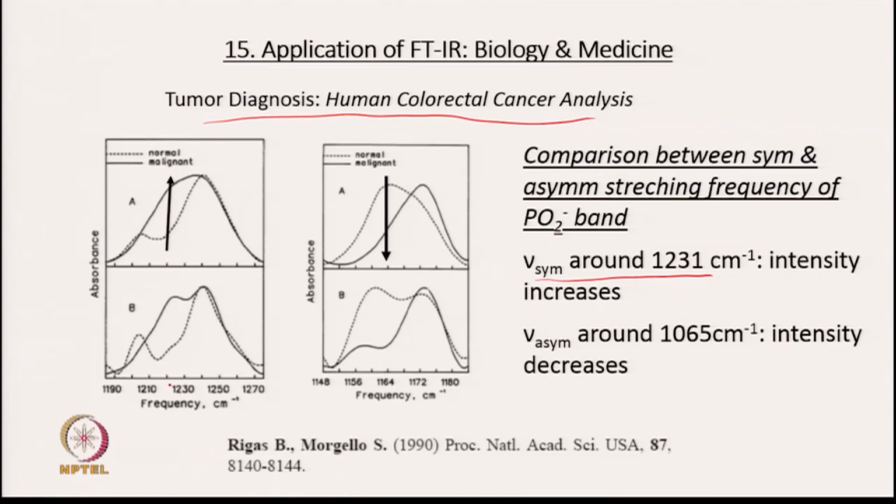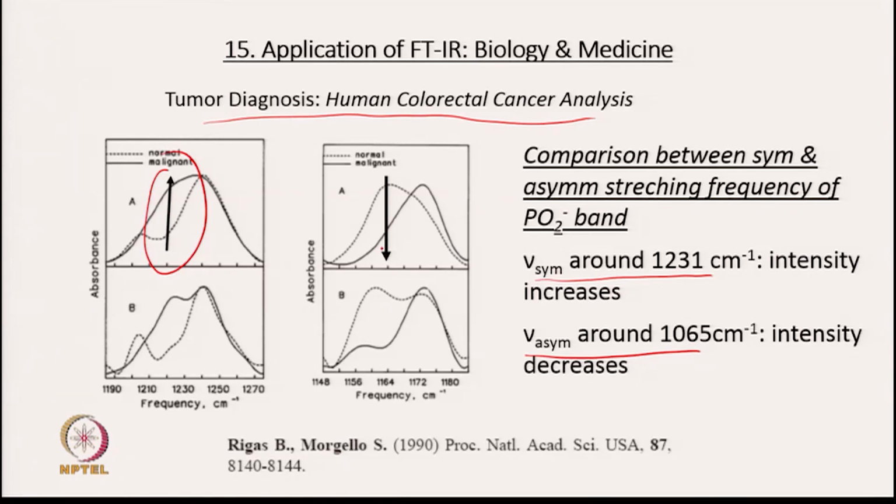This peak is around 1231 centimeter inverse. This is increasing in a person with a tumor, whereas the asymmetric stretching frequency around 1065 centimeter inverse shows a decrease.